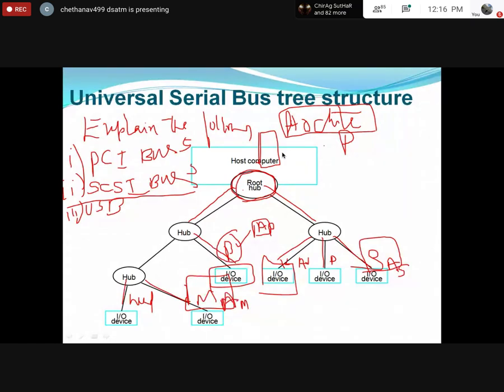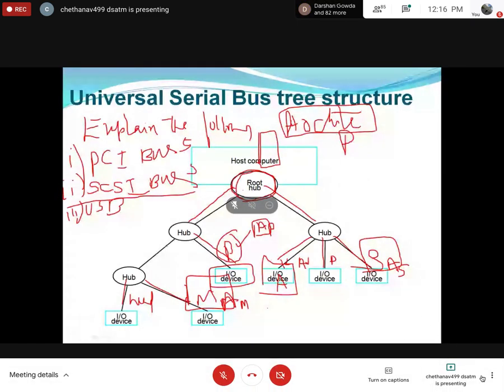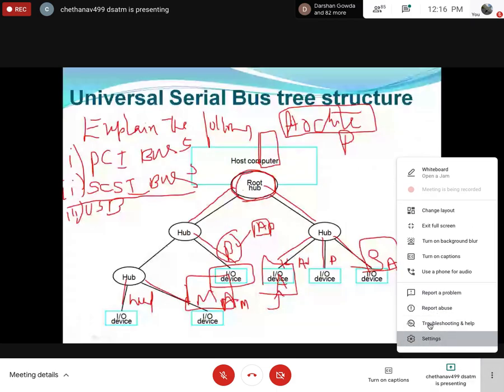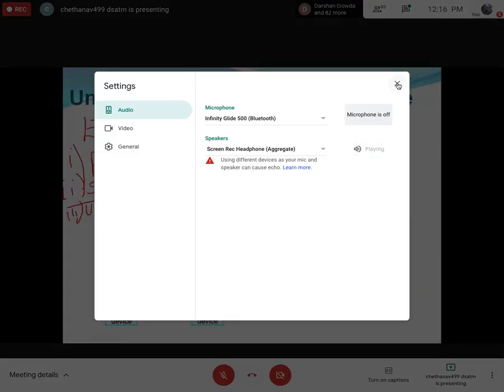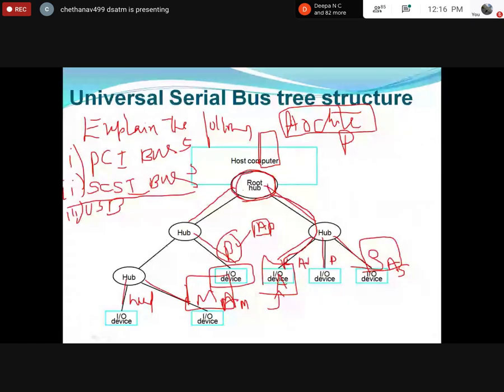What is the meaning of interrupting? Suppose through the keyboard I enter some character A, that means I pressed the A alphabet. By default, it will send an interrupt signal to my processor. The processor can make out which device is interrupting me, based on what?